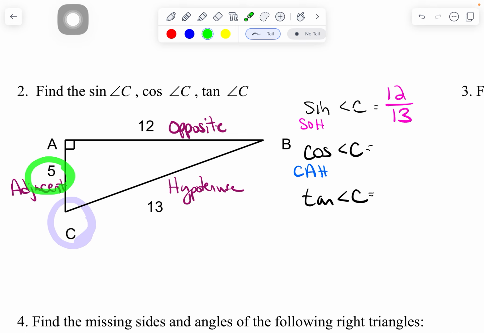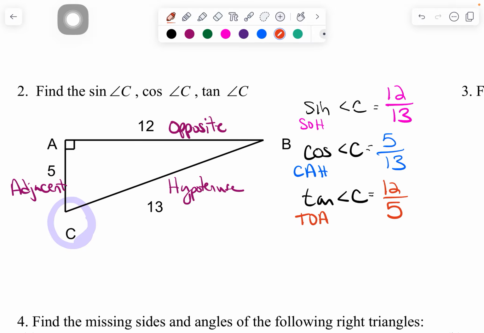Okay, adjacent side is 5, hypotenuse is 13. So that ratio is 5 over 13. And then TOA, T-O-A, that's going to tell me the tangent is opposite over adjacent. So that's going to be 12 over 5. None of these fractions can be reduced, so those are my answers to problem number 2.